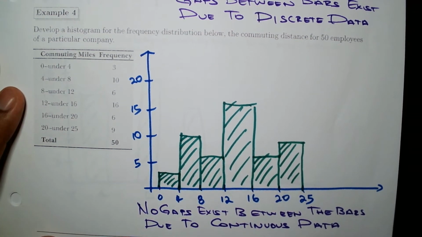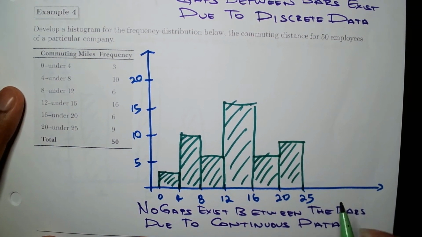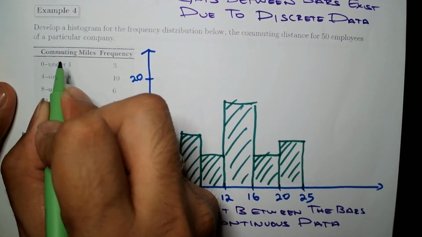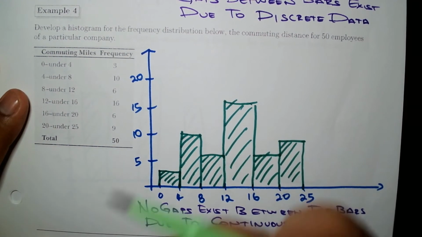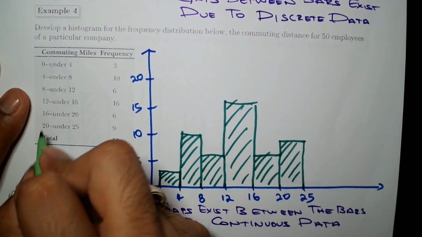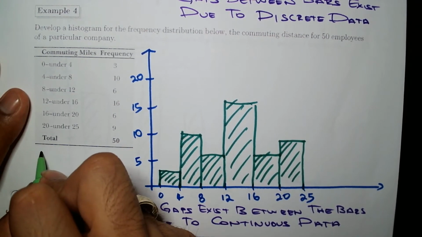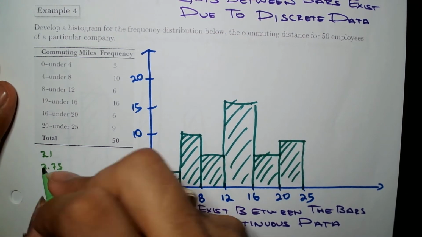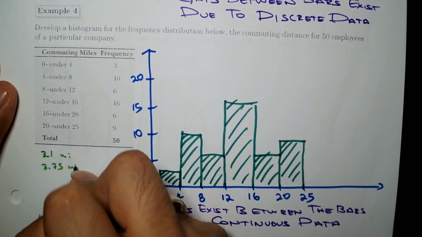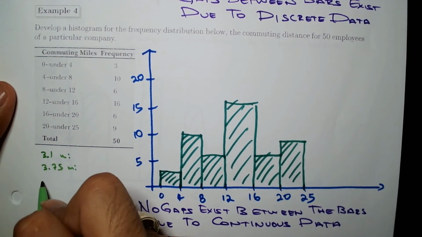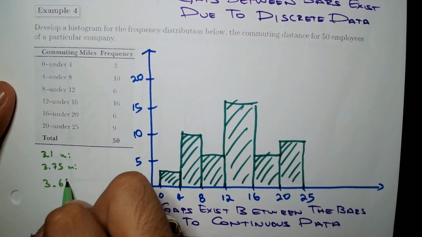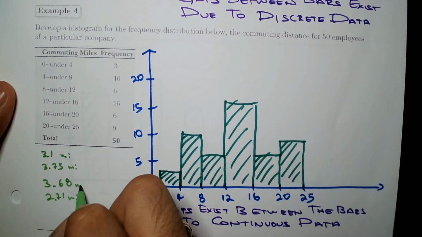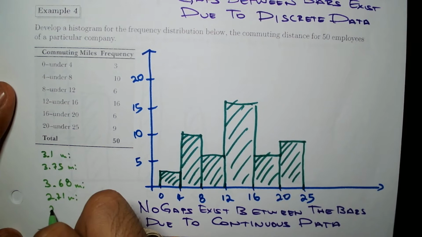In this case, because it's miles, the 0 to 4 includes not just integers, it could be 3.1 or 3.75 miles. Remember from the previous chapter, these are continuous: 3.68 miles, 2.71, 2 miles.